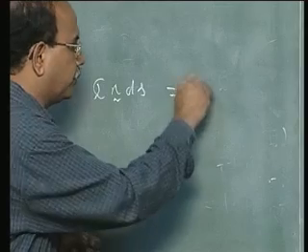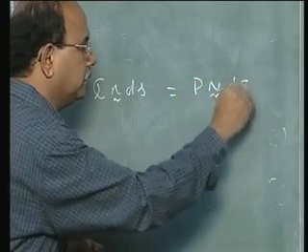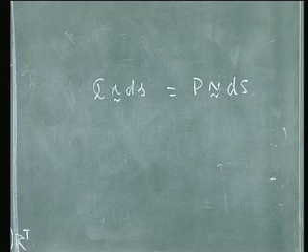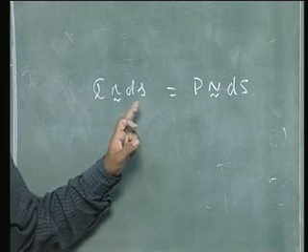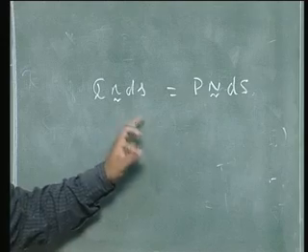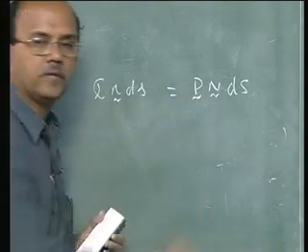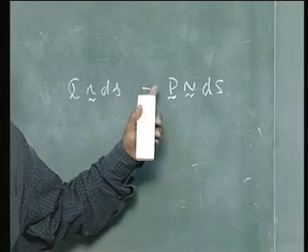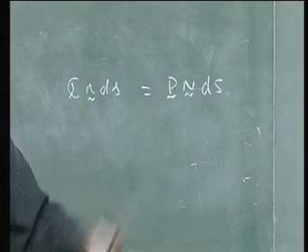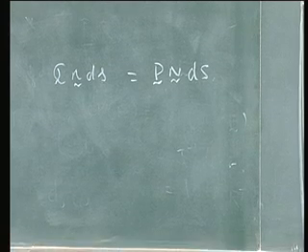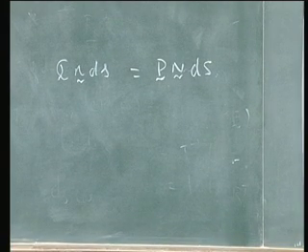Let me call that P N dS. So sigma is a quantity associated with the current or deformed coordinate, and P, of course this is also a tensor, is one associated with the reference coordinate system.